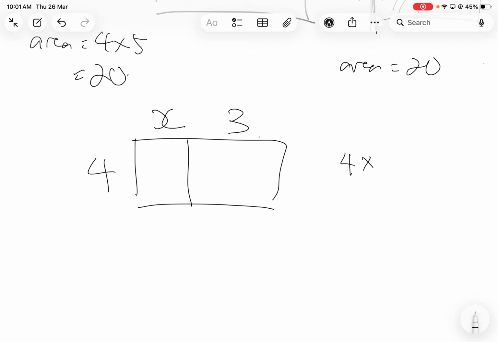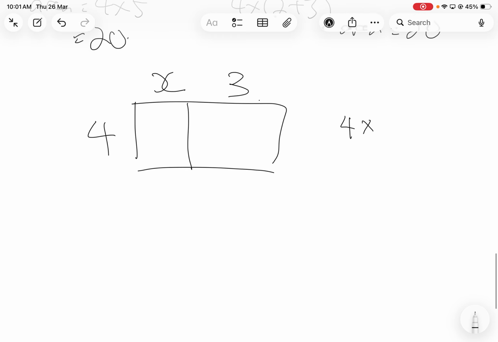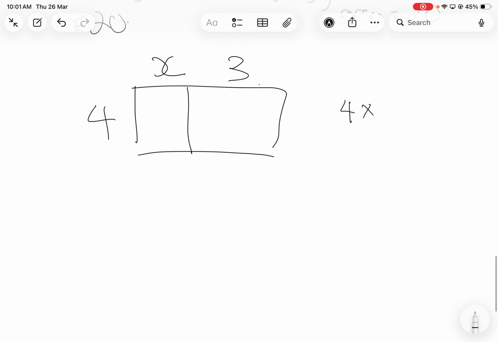So I still have 4 multiply 3. Just now I take 4 times 5, but instead of 5, I write 5 as 2 plus 3. So now, instead of the 2, this time change to x. So my total area is 4 times x plus 3.